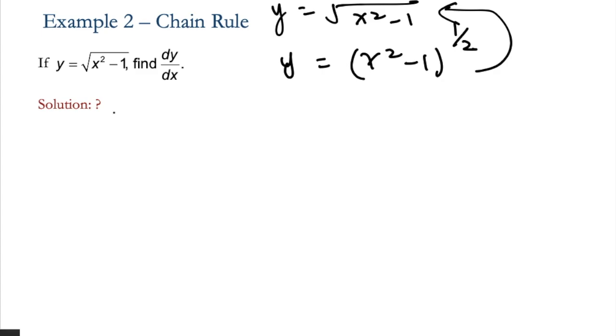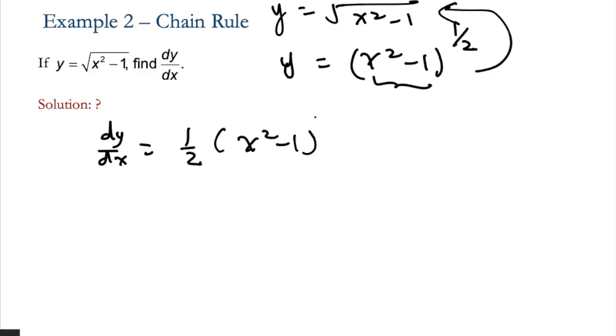So if I use the chain rule, dy over dx, look at this carefully. Power: we write again the function, the power that we have, 1/2 minus 1, and then next multiply by what? Multiply by the derivative inside here.